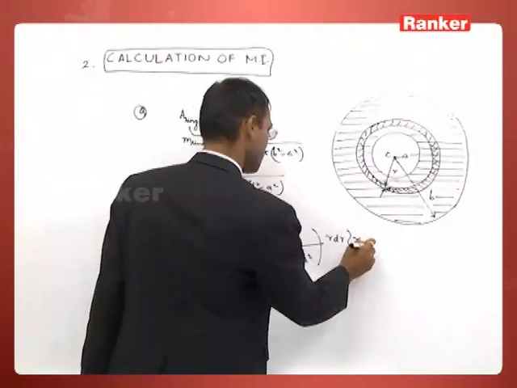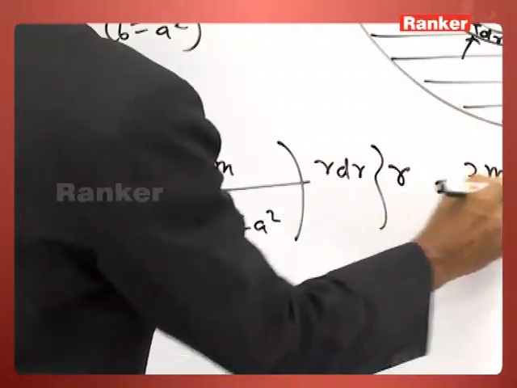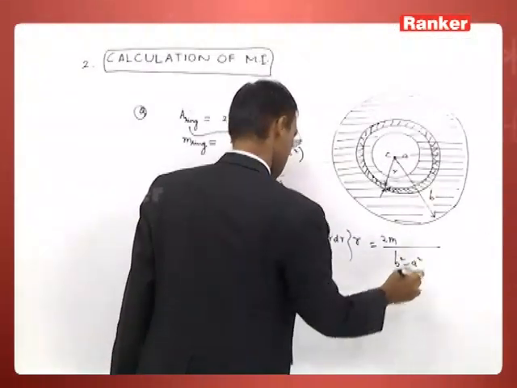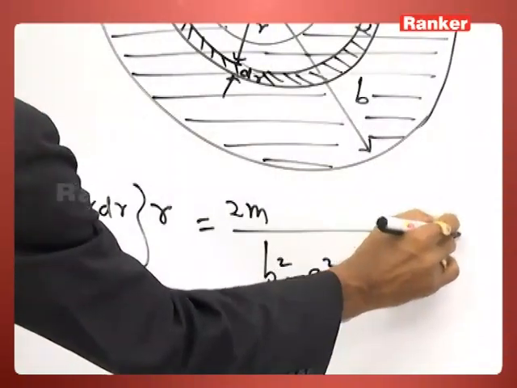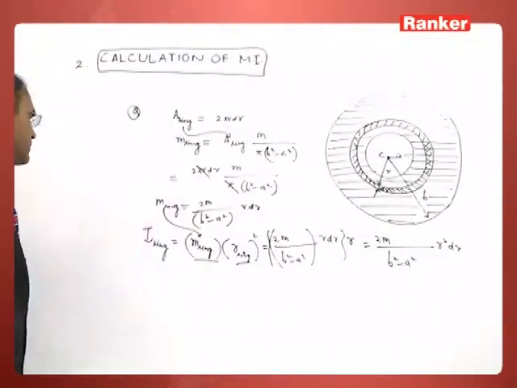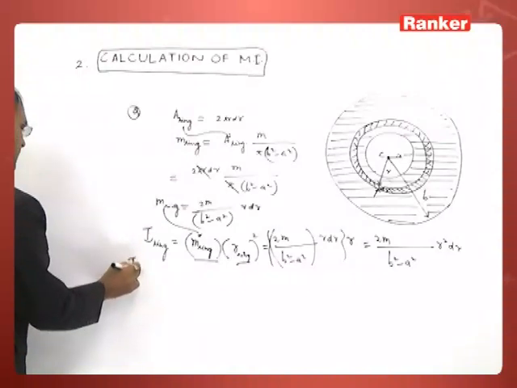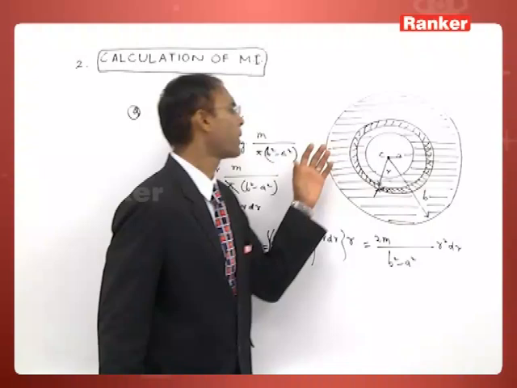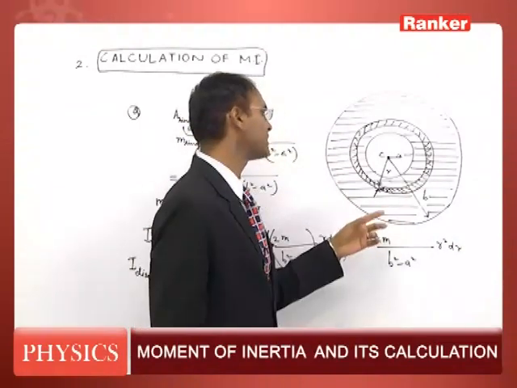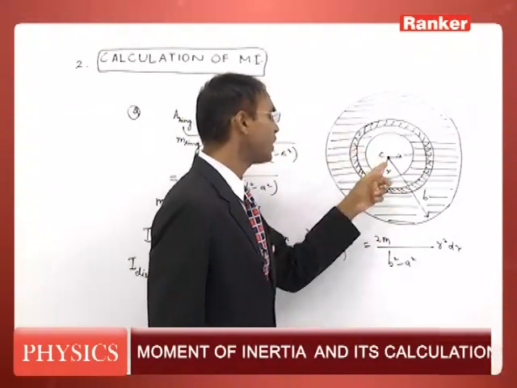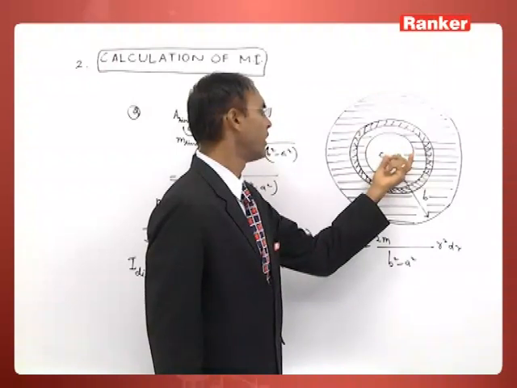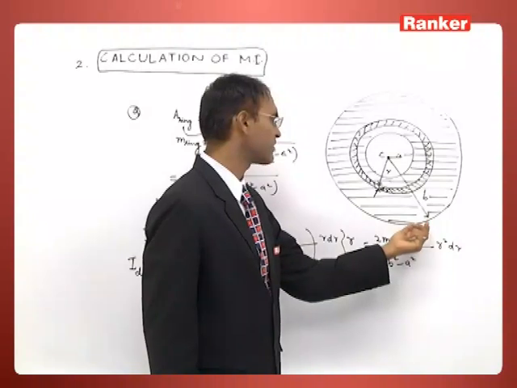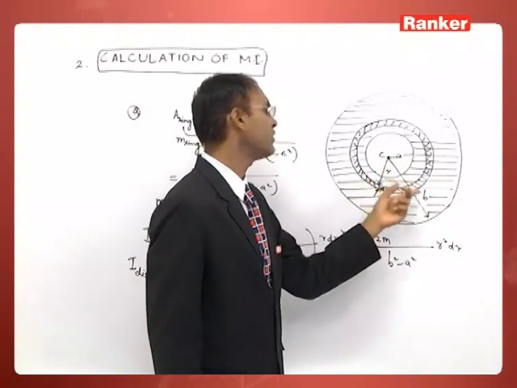This gives us 2M by B square minus A square into r cube dr. The disk is the combination of so many rings having a radius which ranges not from 0, but from the inner radius of the disk to the outer radius of the disk, that is from A to B.